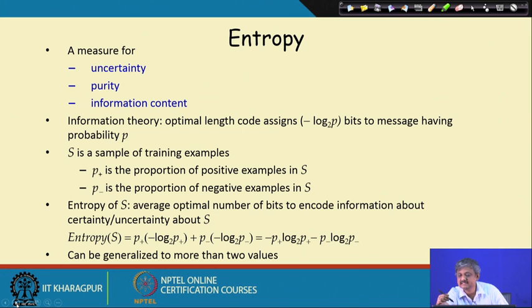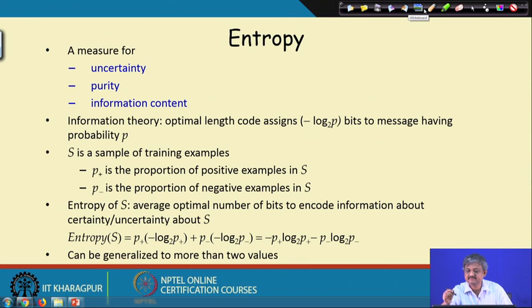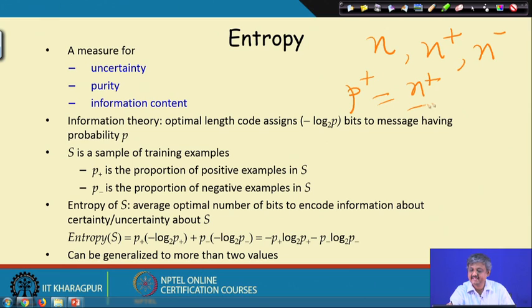In other words, suppose you have n examples, of which n plus are positive class and n minus are negative class; then P plus is n plus by n and P minus is n minus by n. If you have more than 2 classes, you can easily generalize it to the fraction belonging to each class. So if you have 3 classes, it will be P 1, P 2 and P 3.